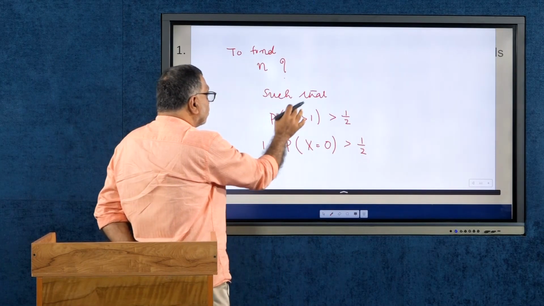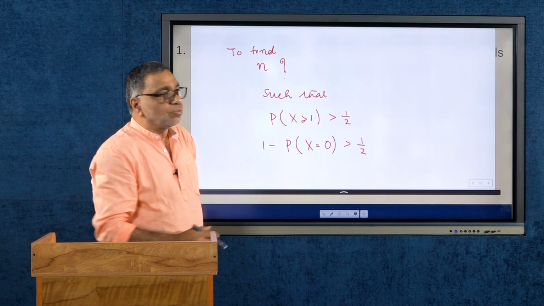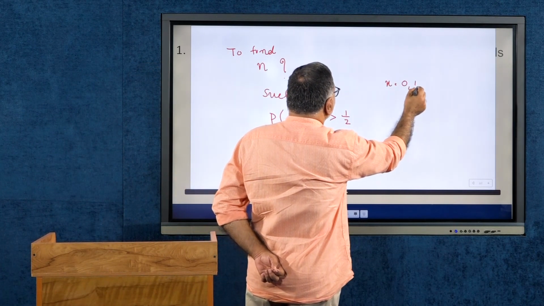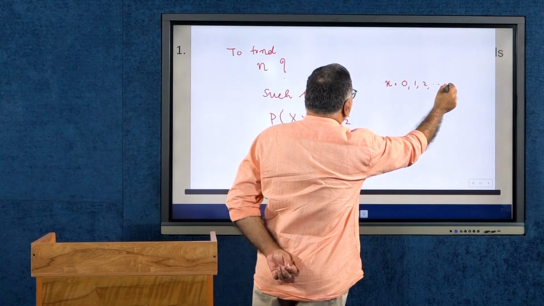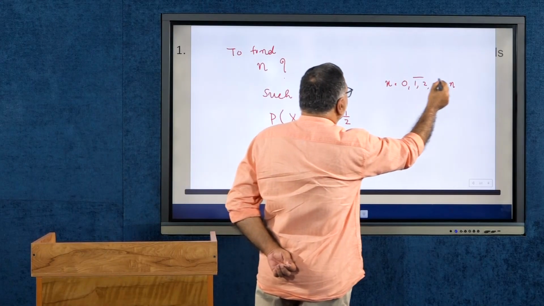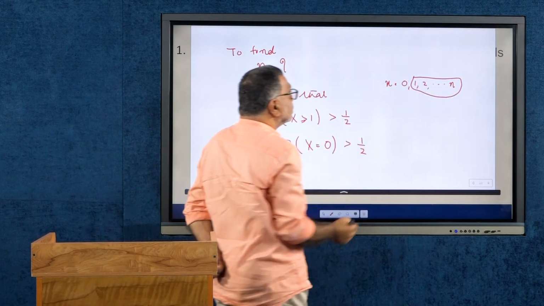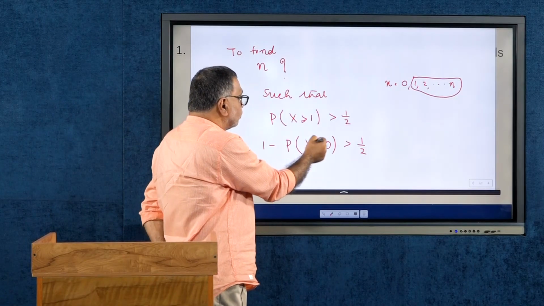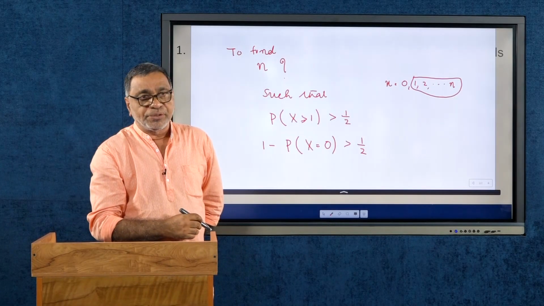By considering the complement of x greater or equal to 1: we know x is a random variable having the values 0, 1, 2, etc. up to n. So, x greater or equal to 1 means this part, and the complement of that is x is equal to 0. So, 1 minus the probability of x is equal to 0 is greater than 1 by 2.